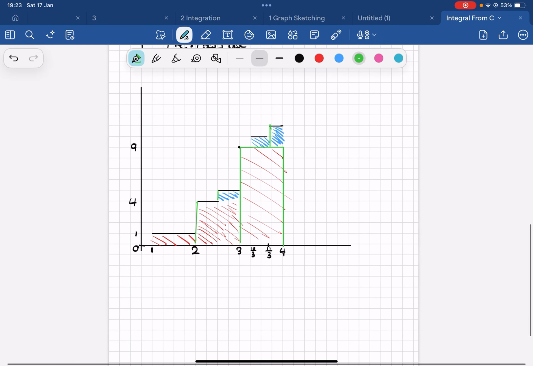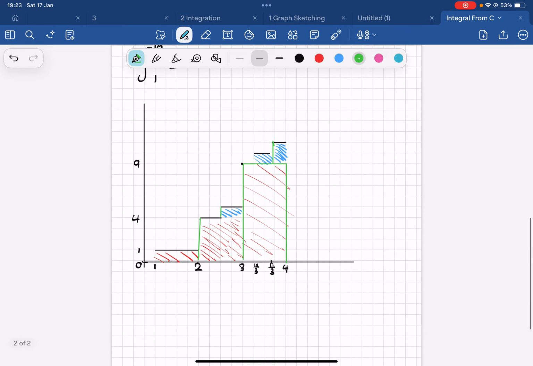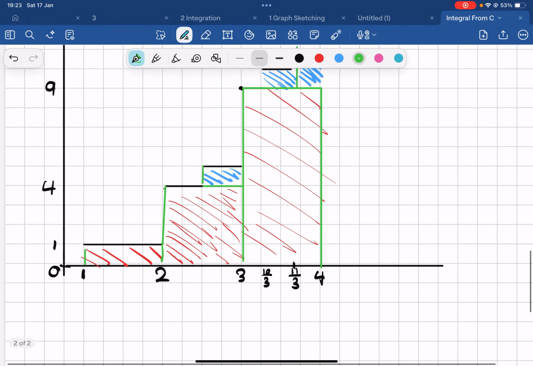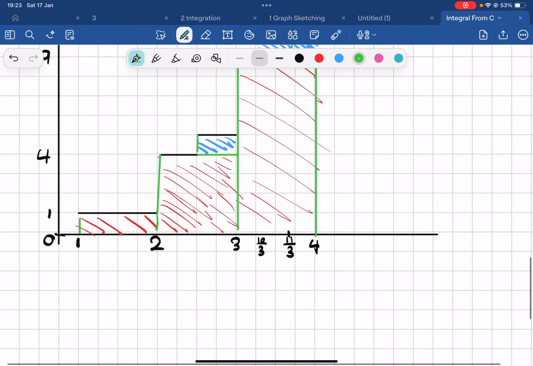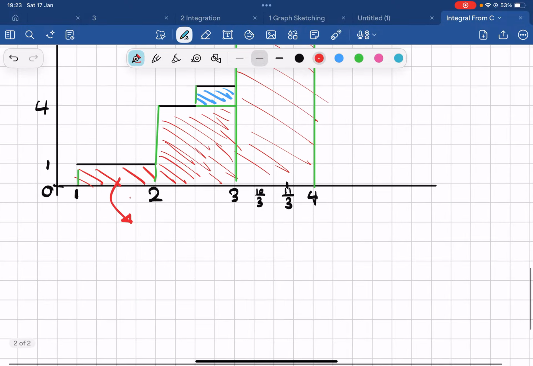I don't think it'd be useful for us to sketch from 1 to 12, as that will be long. So instead we'll just evaluate from 1 till 4. Now notice the area of the red bit between 1 and 2 is just 1 times 1, so 1 squared.